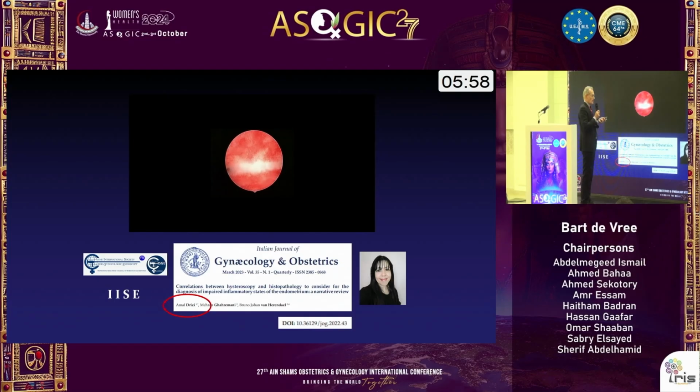So the new name she puts on this pathophysiological situation is IISE, which is impaired inflammatory state of the endometrium. In fact, it means that we have hypervascularity, we have hypertrophy of the stroma, we have edema, and not over all the cavity, but sometimes only in certain parts of the cavity.